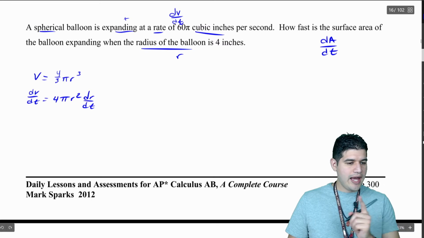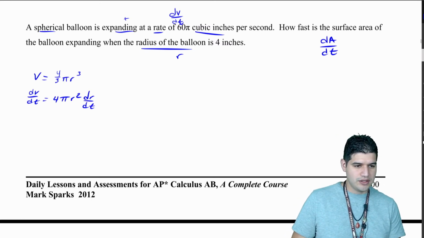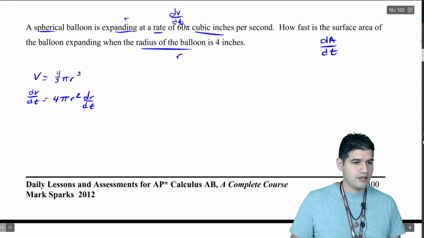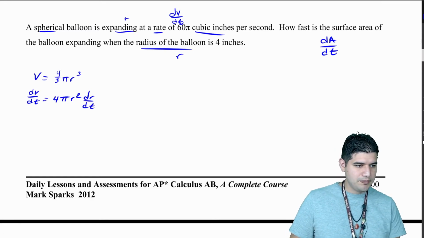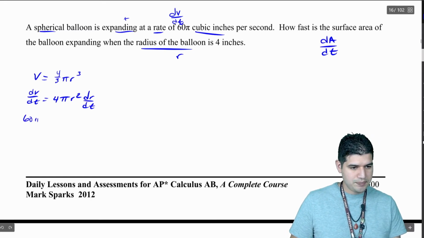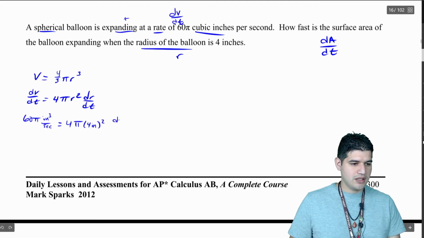All right, and I have values I can substitute here. So dV/dt was 60 pi cubic inches per second, and that's going to be 4 pi r squared, which is 4 inches squared, and then we want to figure out dr/dt.